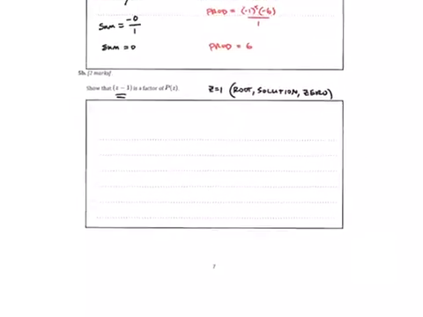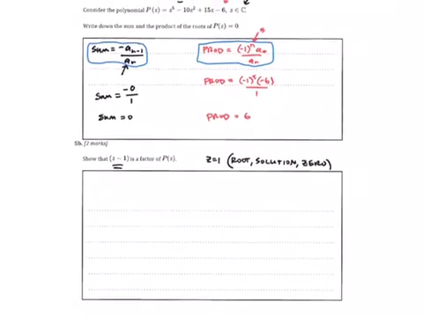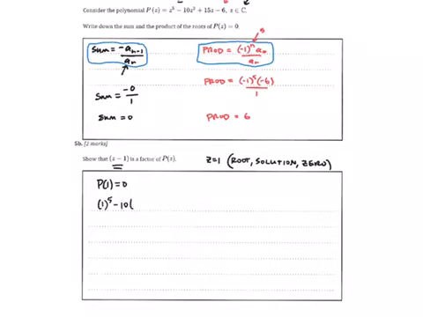Let me sneak back up here and remind myself what the function was. There we go. If 1 is a root, then p of 1 should equal 0. So let's plug in 1 everywhere we see a z. It'd be 1 to the 5th minus 10 times 1 squared, and all this good stuff. Let's confirm it equals 0.